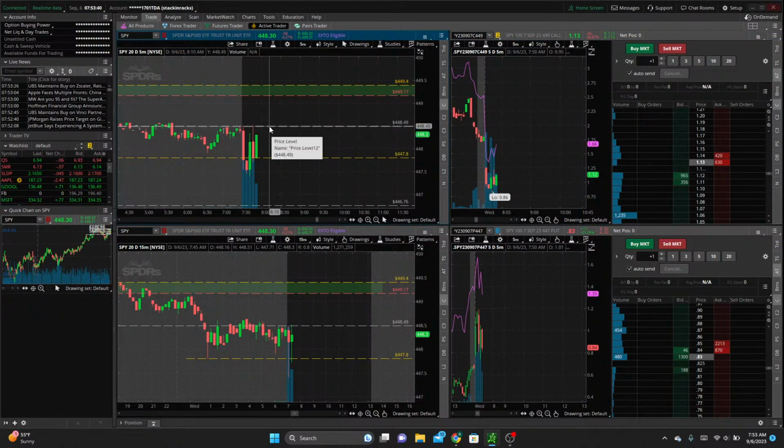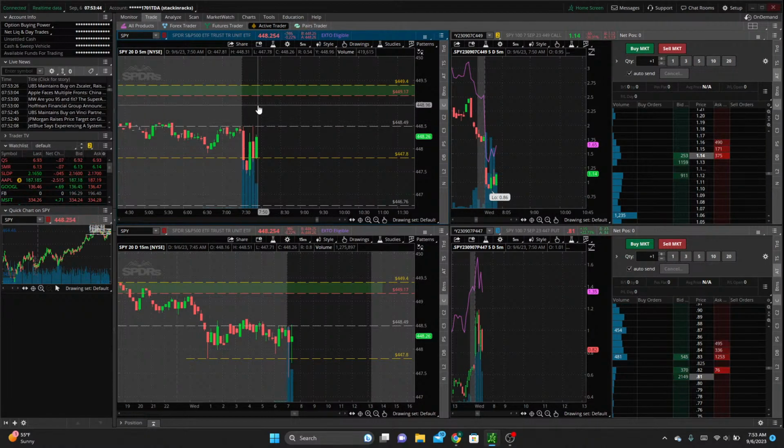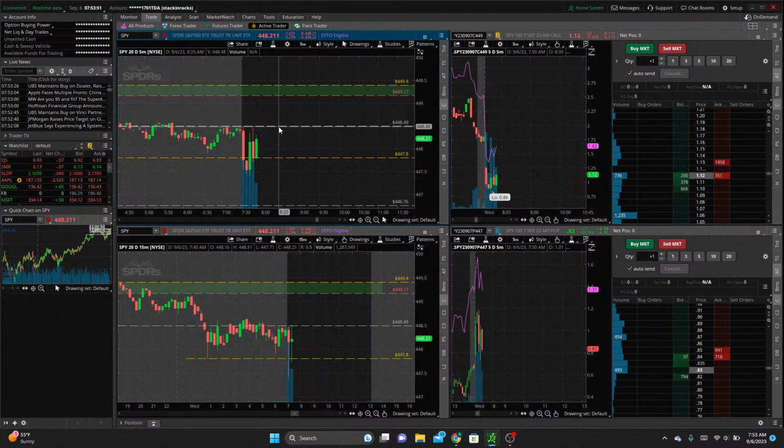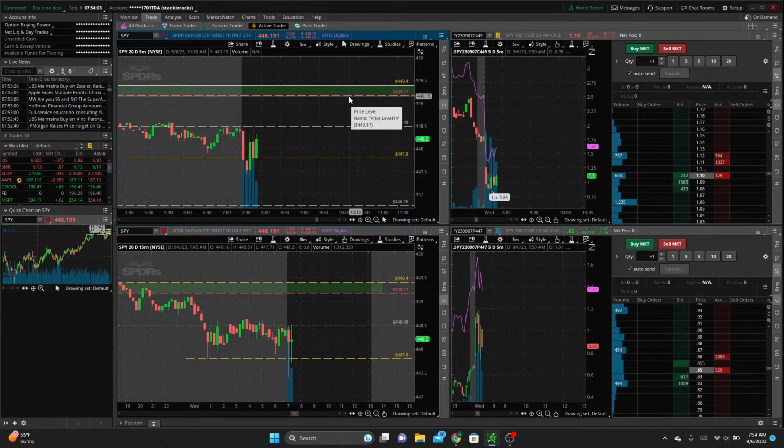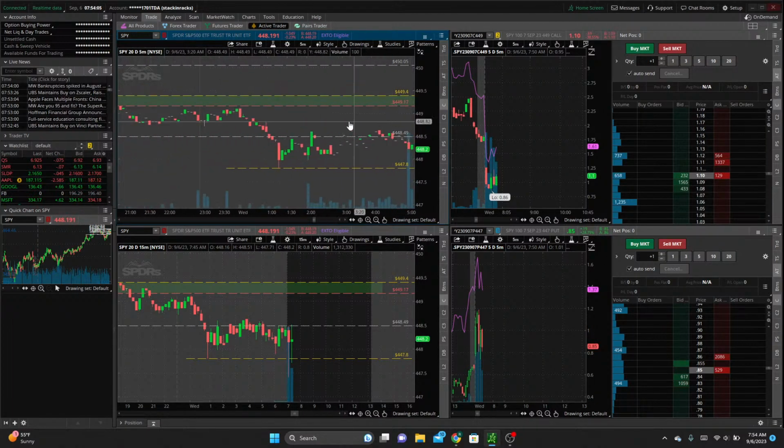If we do break above this level, if we can break above and hold it, I would look for a retest. So break above, come back, retest, and if we confirm that we hold this level, I would take 449 puts, or excuse me, 449 calls, not puts. 449 calls with a target of this low of yesterday's trading session.